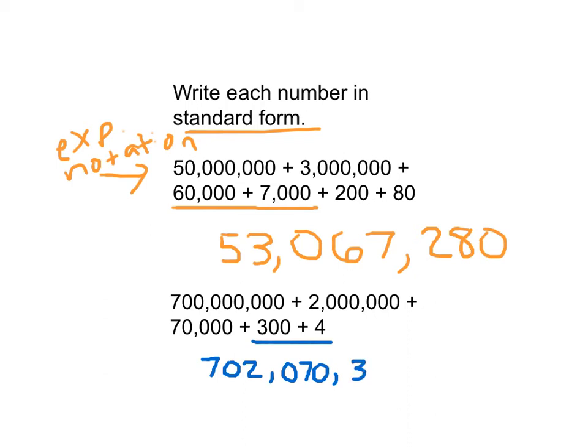So we would write 3, 0, 4. Again, I can look over to make sure those values are the correct values for each of those places within that number, and that there are 3 numbers in each of those periods. 702 million, 70,000, 304. Remember those zeros as placeholders.